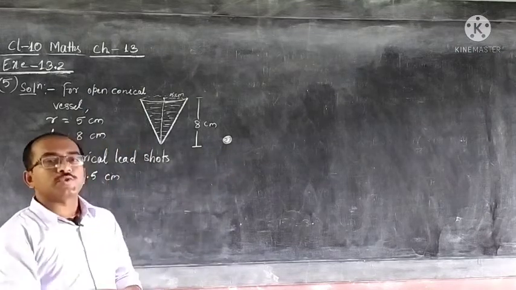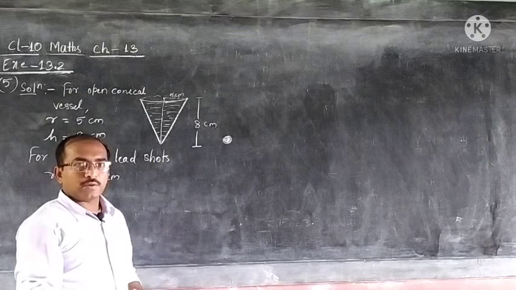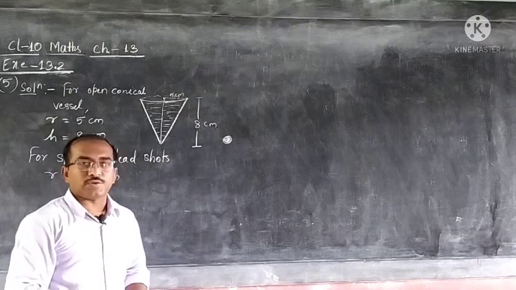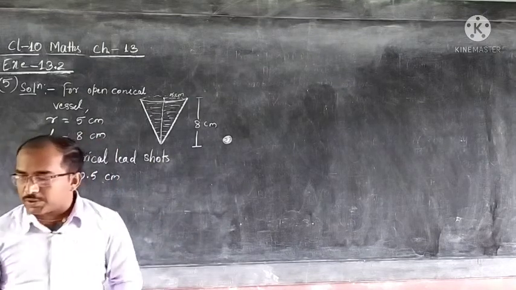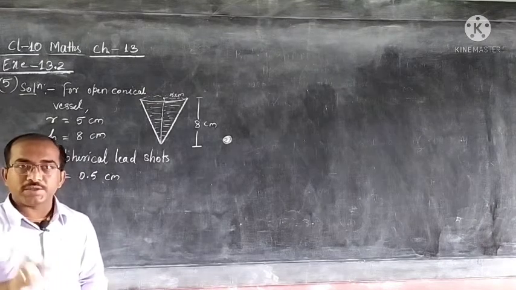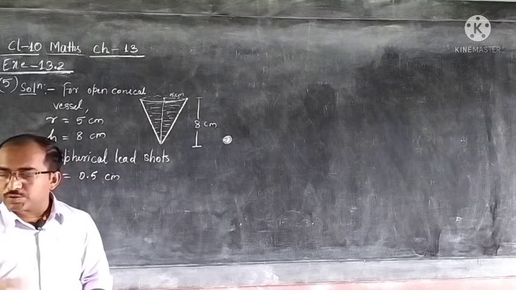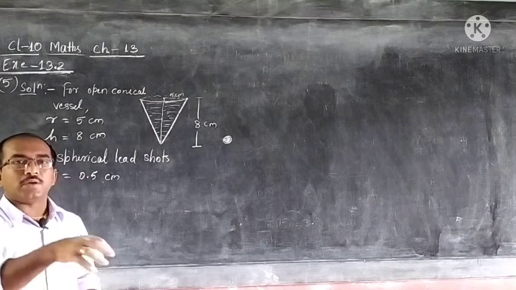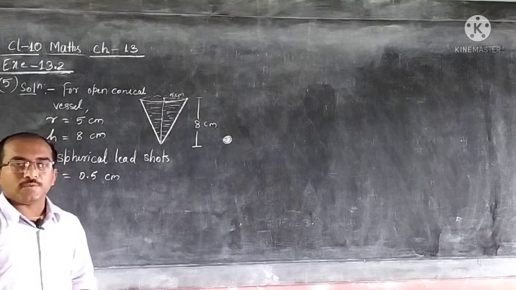But here some lead shots we are putting, and how much water came out? 1/4 of the water flows out. That is the situation. So, how many lead shots we dropped in the vessel? This we have to find out.